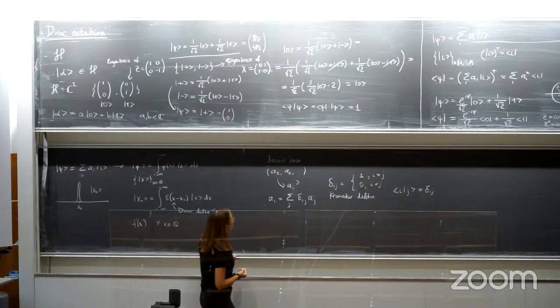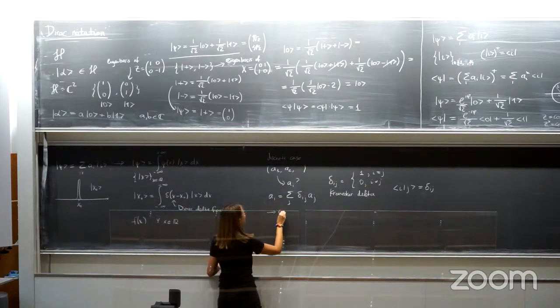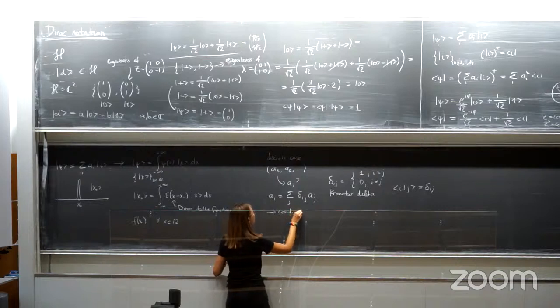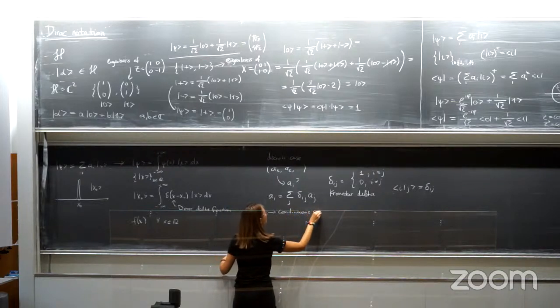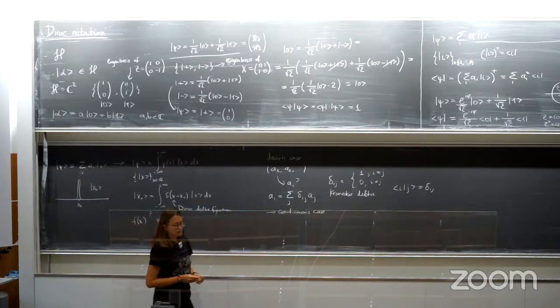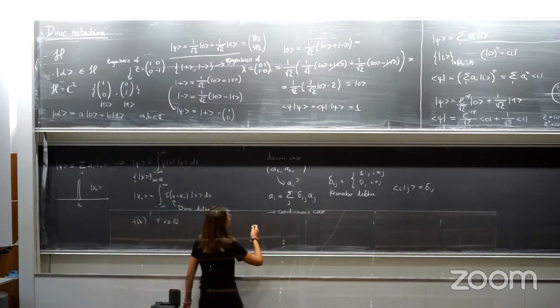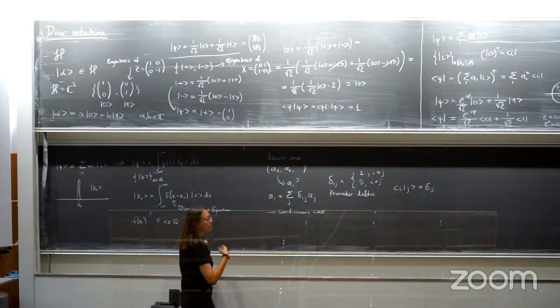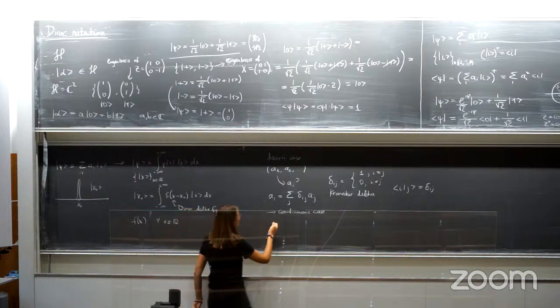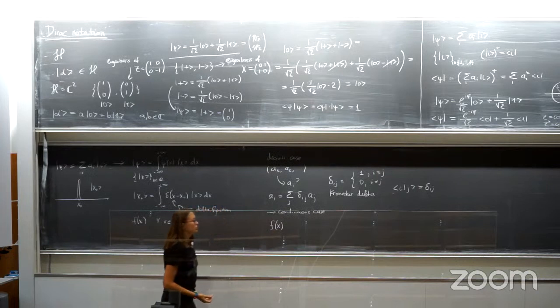Okay, and now we go to the continuous case. Here we have the sum, and now we can substitute it by an integral over x. And instead of the sequence, we just have the function, and we want to know the value of the function at the point x0.